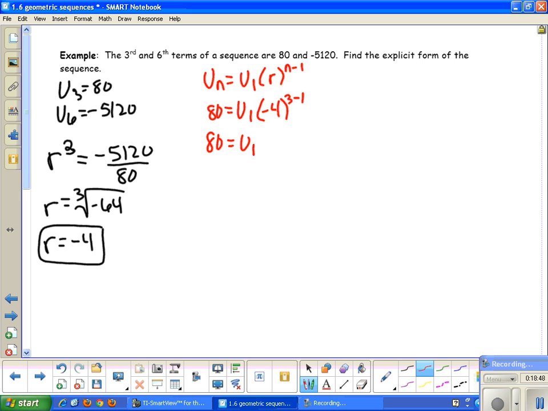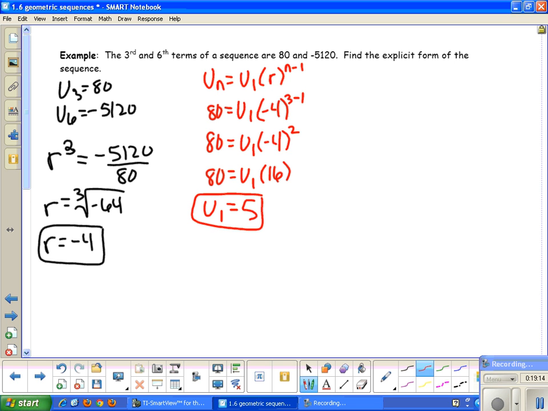So 80 is equal to my first term times -4 to the second power, and -4 squared is really equal to 16. So 80 equals my first term times 16, and so when you divide 80 by 16, you end up with a value of 5. So another way of getting it. So you can do either of the two ways, whichever one you feel more comfortable with.